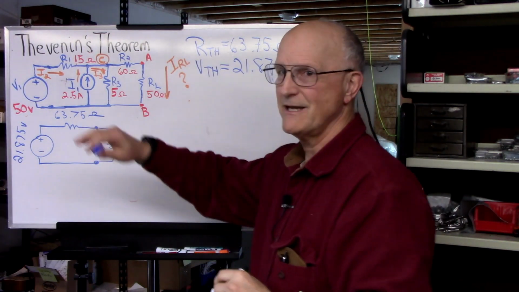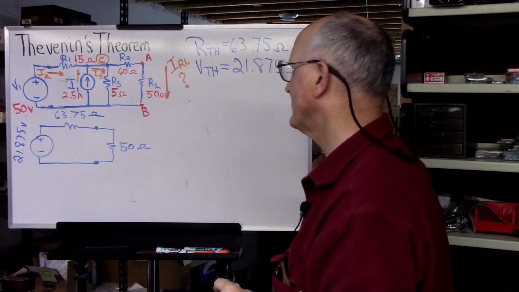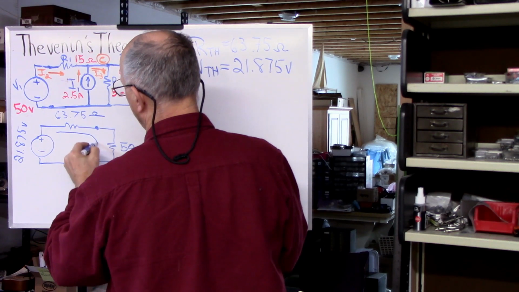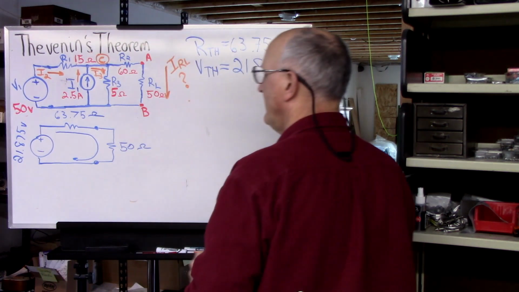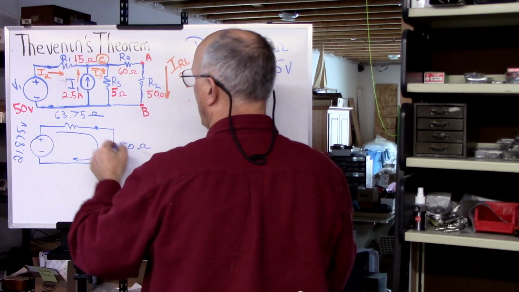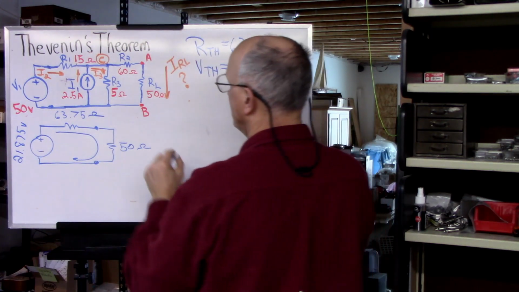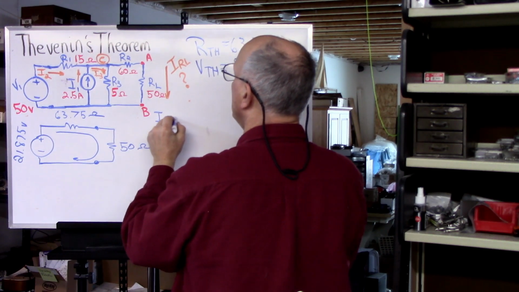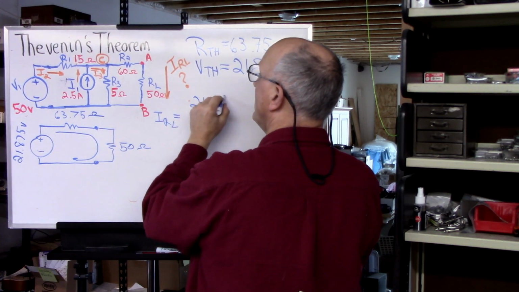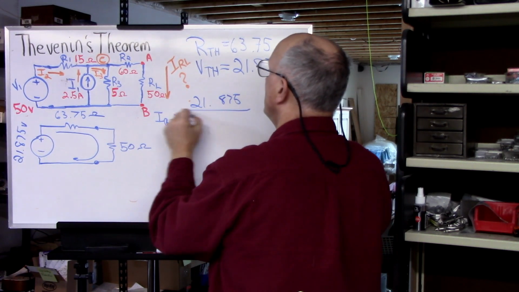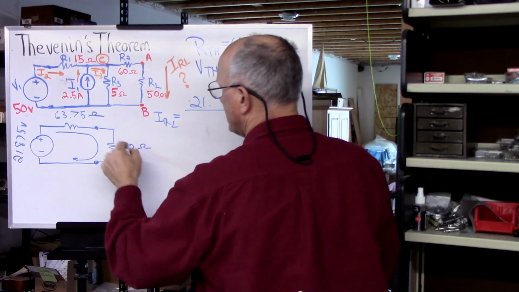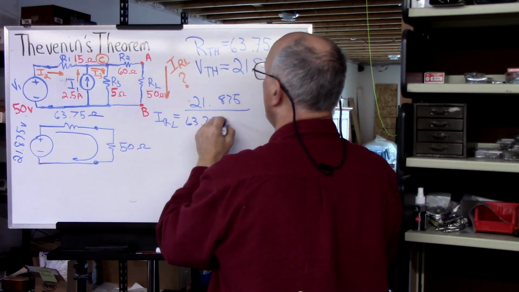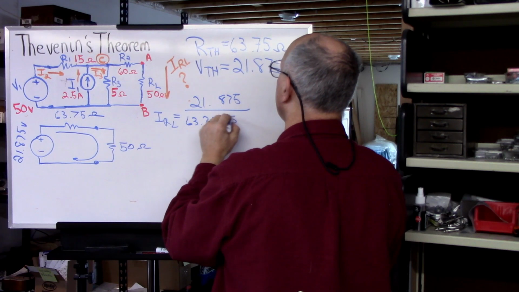Now it's easy to calculate the current through our load resistor. We have 21.875 volts being applied through this combination of series resistance. So the current through the load resistor is equal to 21.875 divided by this series 63.75 ohms plus 50 ohms.